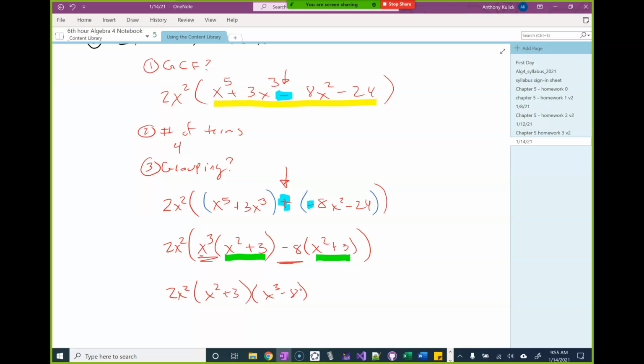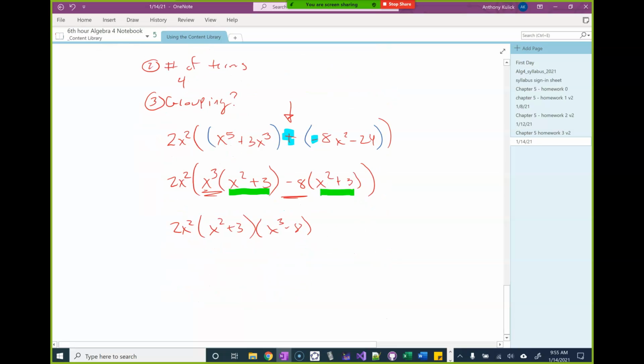First thing I'll check, is it a difference of two squares? No, right? Because it's addition, and also the 3 isn't a perfect square. Then we check, is it a sum or difference of two cubes? Well, no, can't be that either, because the exponent is 2. It's not a multiple of 3. So that first part is done.